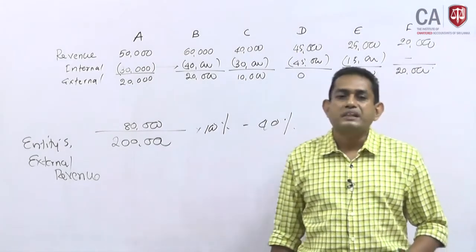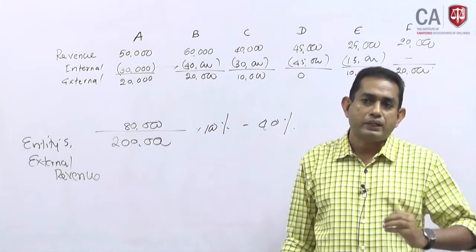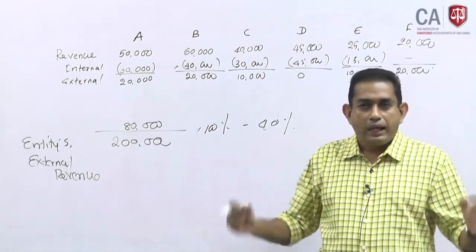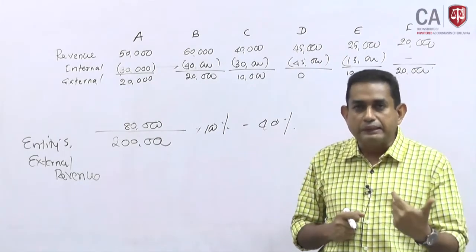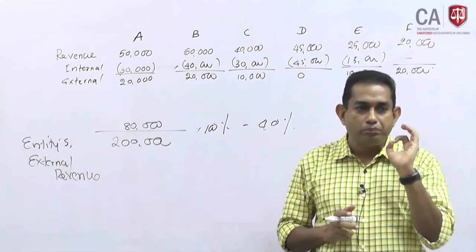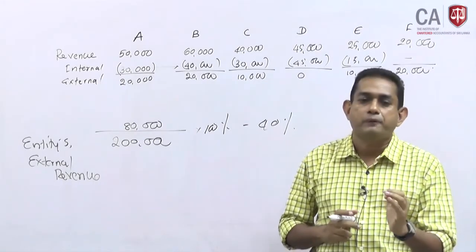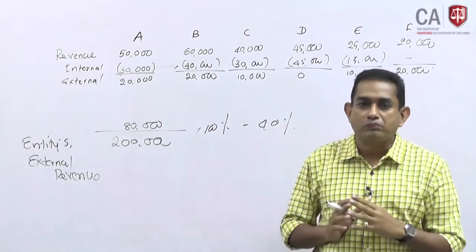That 40% is not the recommended percentage. What is the recommended percentage? 75%. At least 75% of the external revenue of the entity should be recorded in the revenue of the identified reportable segments.